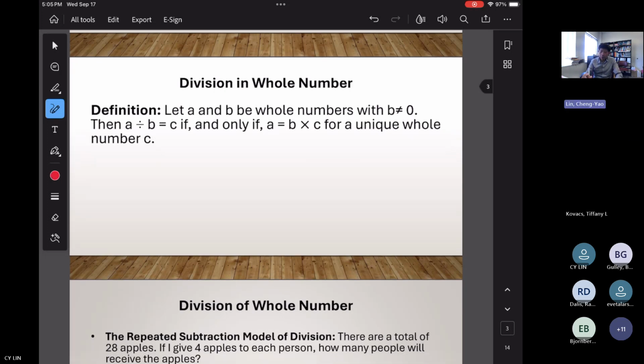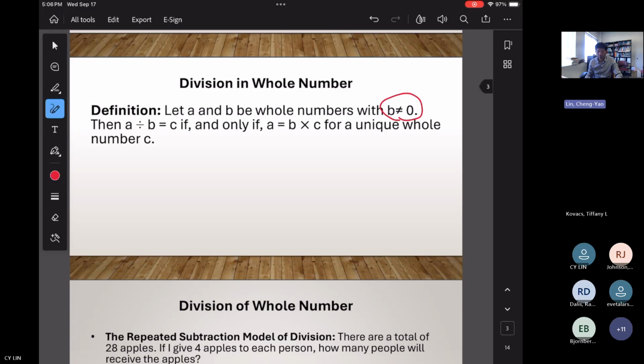So why is B not equal to 0? Can anybody tell me why? Is 0 not a whole number?